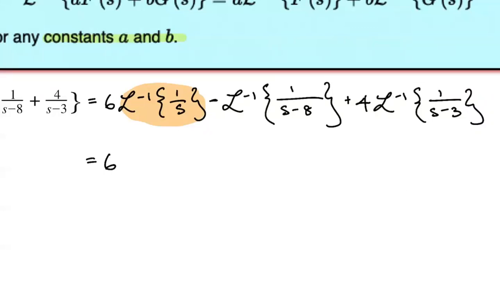I believe that corresponds to number 1 on that Paul's Online Notes table of Laplace transforms, right? So we see the 1 over S. So now we want to go to the left-hand column and see what's there. We can replace everything in the orange with a 1.